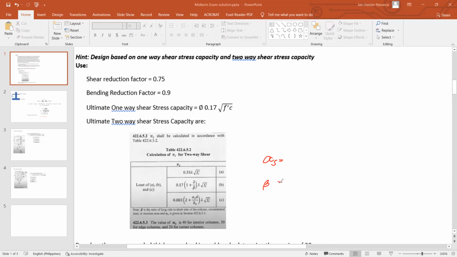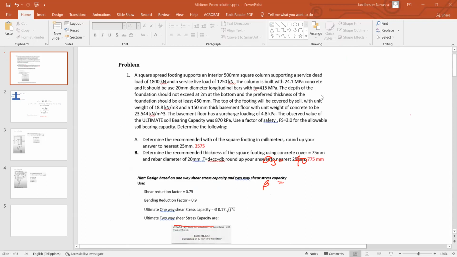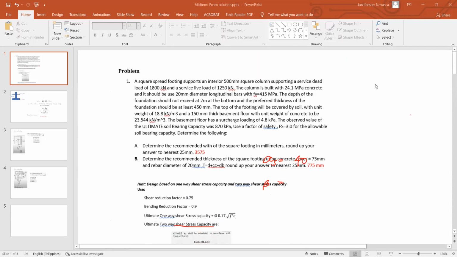Okay, your alpha s is 40 since your column is interior. So nakalagay dito, the value of alpha s is 40 for interior columns. So 40 yung ating value since yung square column natin is interior.